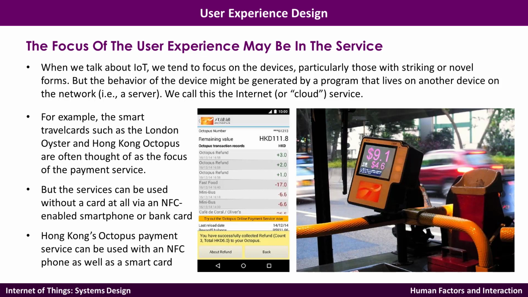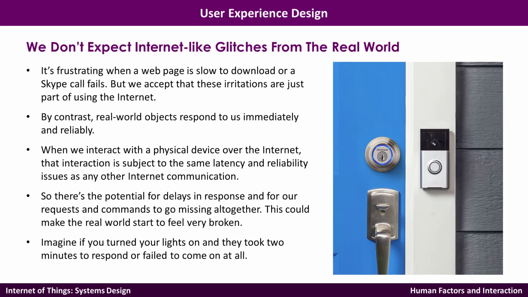But overall, the endpoints or devices that are visible to the public are almost invisible, in the sense that we don't think of them as a device, but as interacting with a particular service. Therefore, overall, IoT is about providing a service rather than interacting with a device.